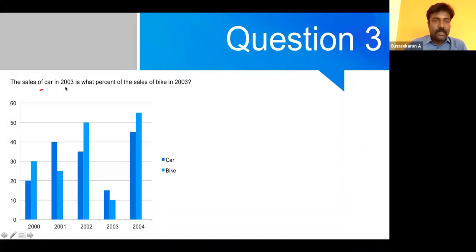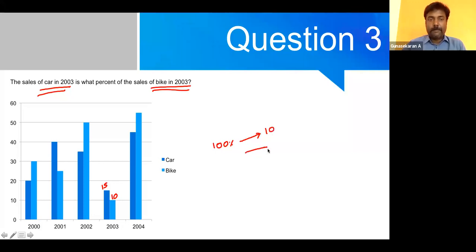Sales of car in 2003. What percentage of sales of bike in 2003? So now 100% is what? 10.